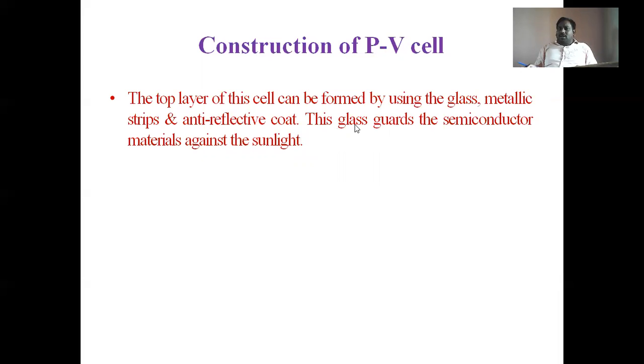The glass is a guard for the semiconductor material, which is on the inner side of the PV cell. This glass can work as a guard for the semiconductor material against the sunlight. To protect the semiconductor material from sunlight, we can use glass guards, or sometimes metallic strips, or sometimes anti-reflective coating.